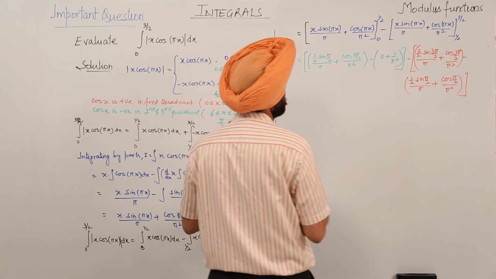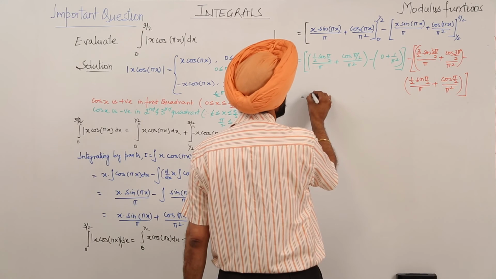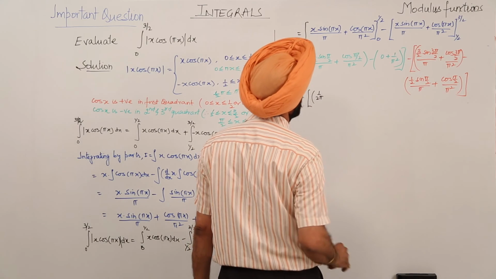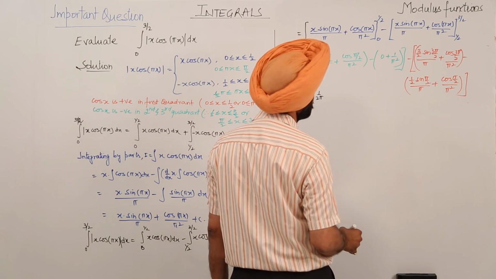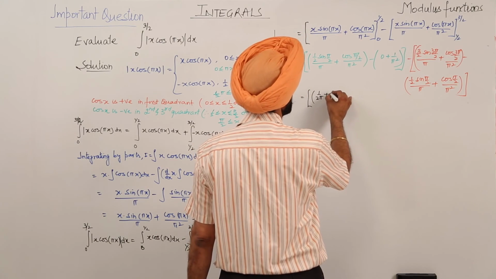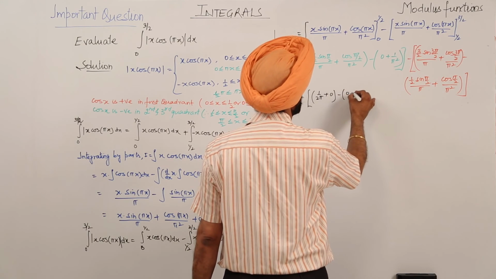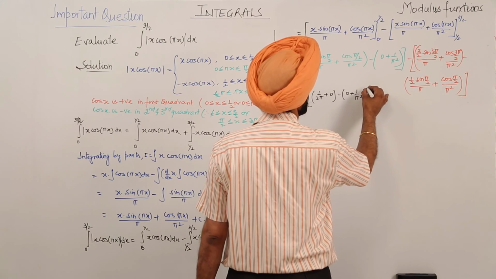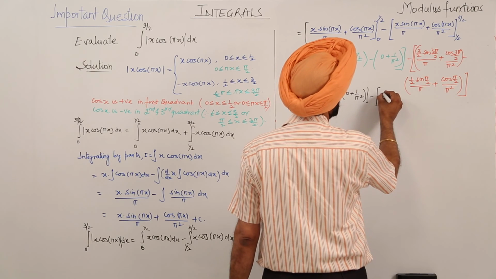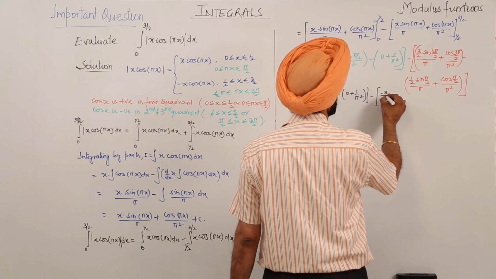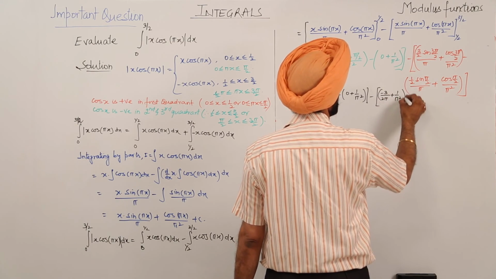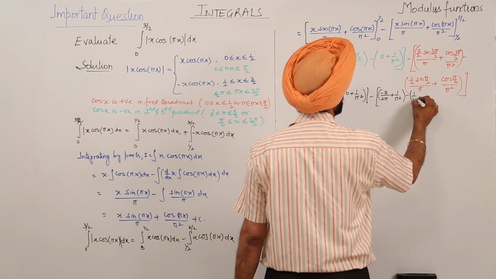Now this becomes 1 upon 2 pi, sin 90 is 1. Okay, so 1 upon 2 pi plus 0 minus 0 plus 1 upon pi square, minus, minus 3 upon 2 pi plus 1 upon pi square, minus 1 upon 2 pi.